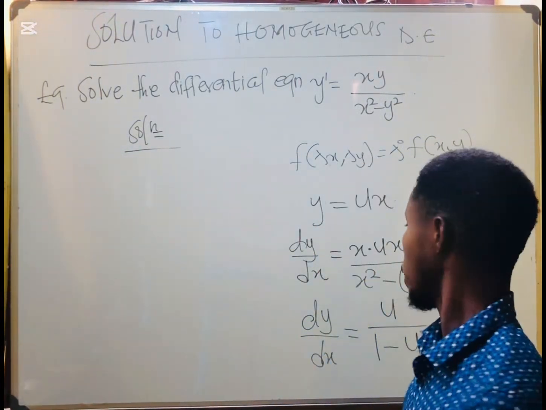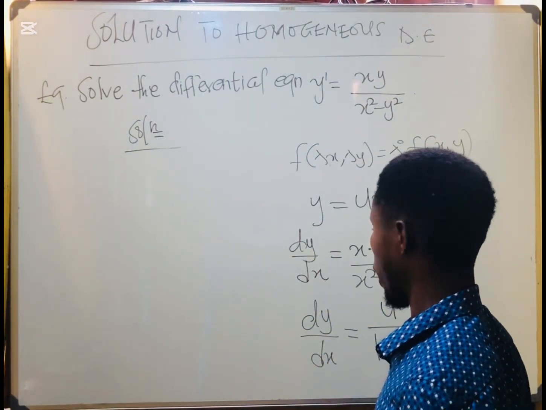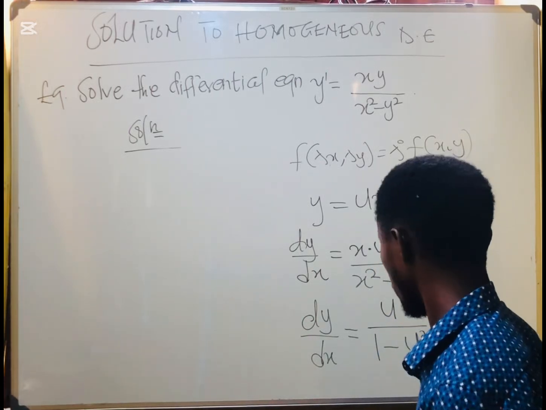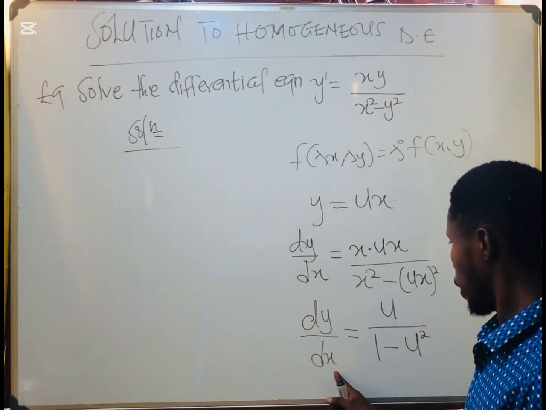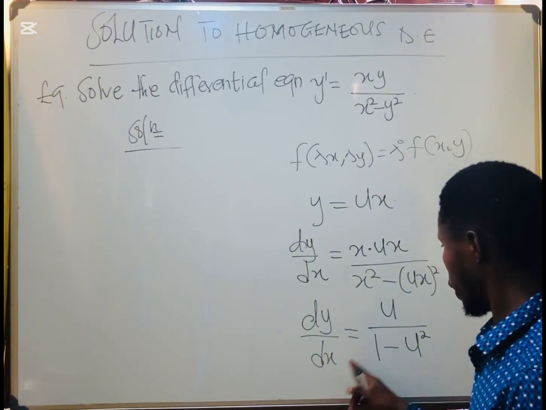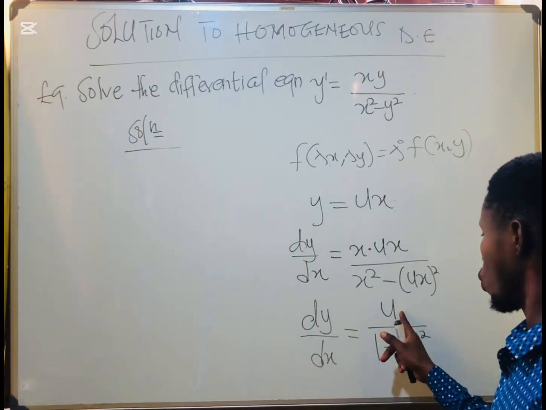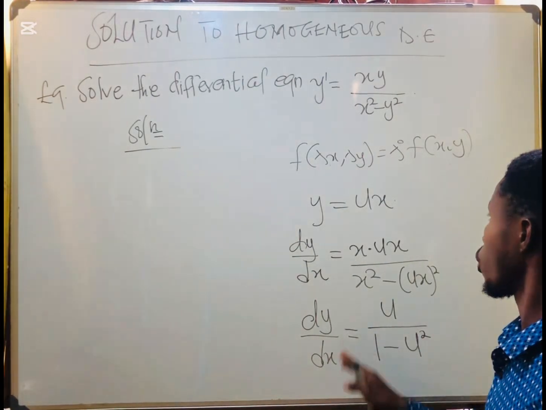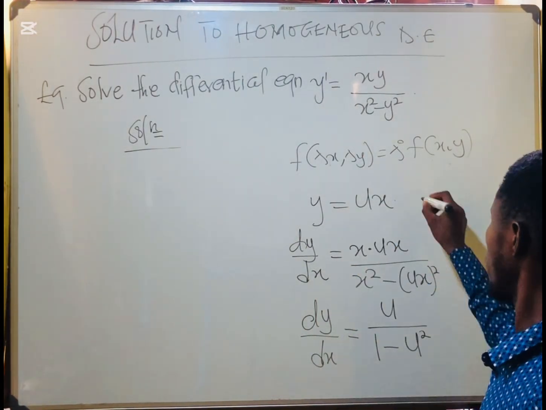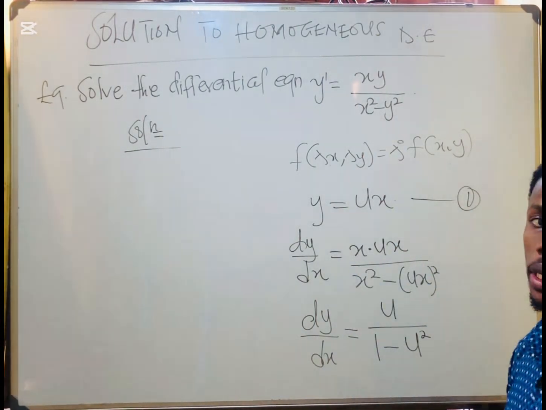Now at this point, this is what I have for dy/dx. But this dy/dx does not correspond to this. This is u in terms of u, and this is with respect to x, so it does not correspond. So you go back to the transformation. Let me name it equation 1.